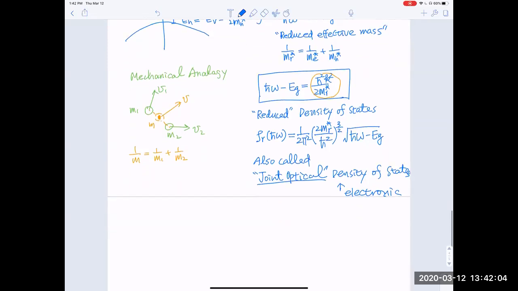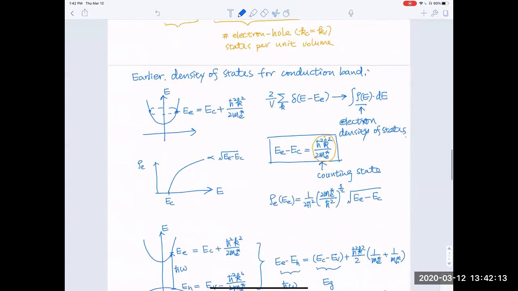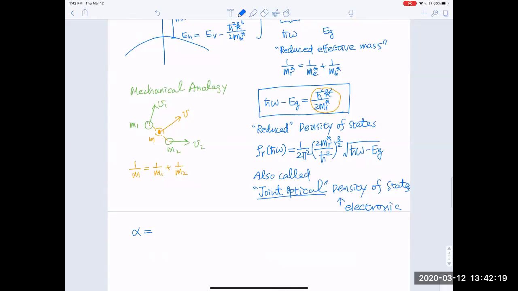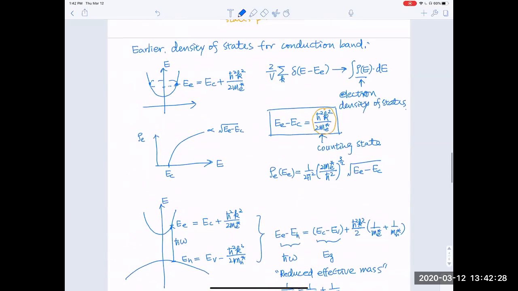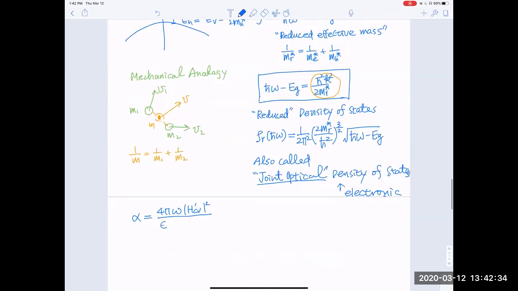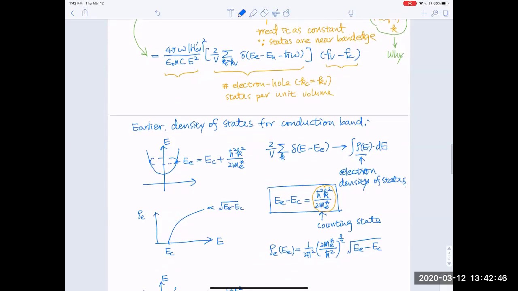We have really reduced alpha to this constant, 4 pi omega |H'_cv|^2 over epsilon_0 n_c E squared, and everything inside the bracket becomes the reduced density of states.